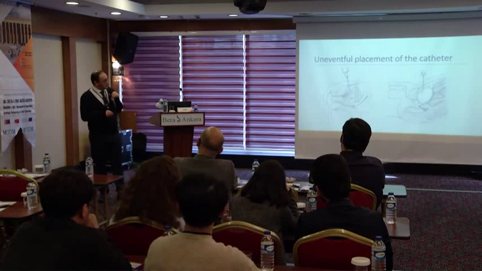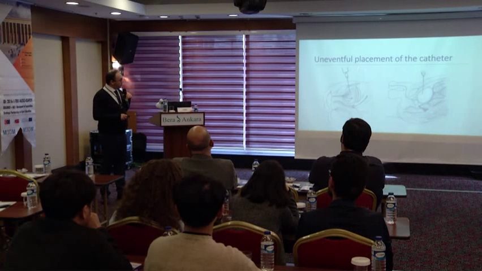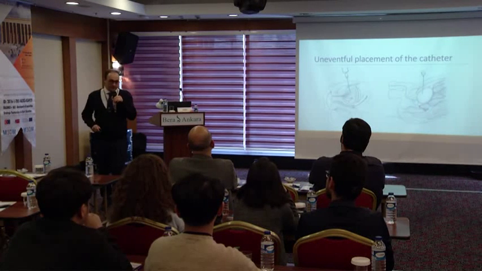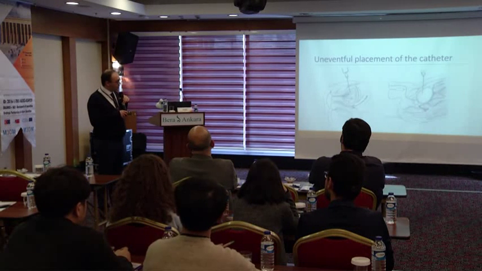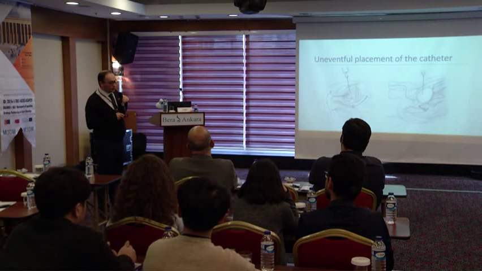So, also my wife's illustrations, an unavoidable placement of the catheter in a female patient and a male patient. The tricky point of the placement is the enlarged bladder, which takes the peritoneum upward.